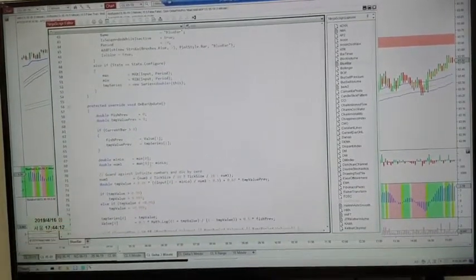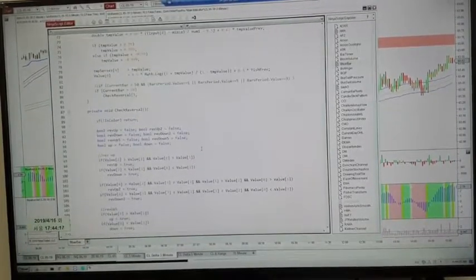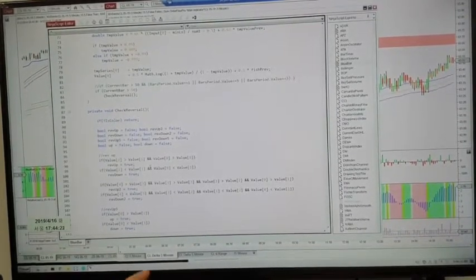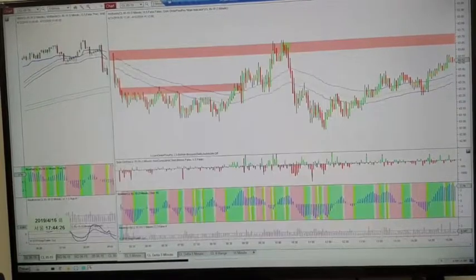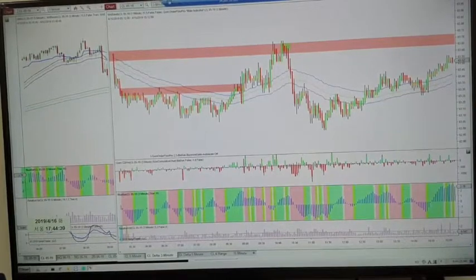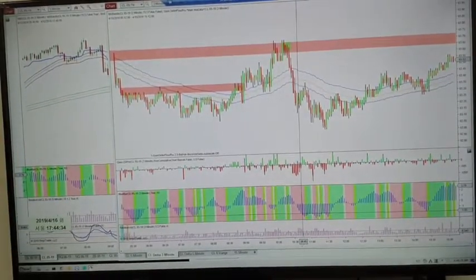You do Python, C++, Java, and C#? Java, C#, and Python. And you don't do MQL, right? No, that's another language for trading.